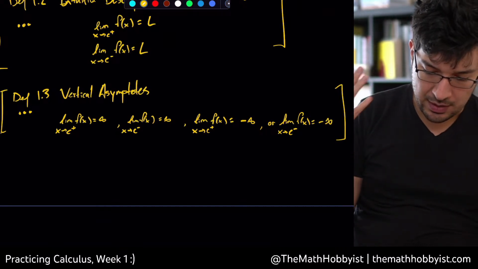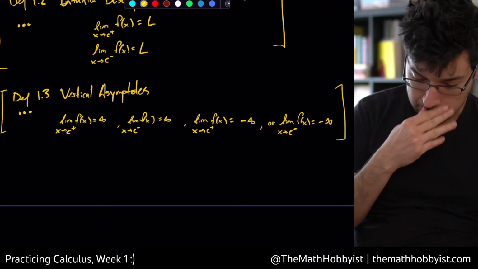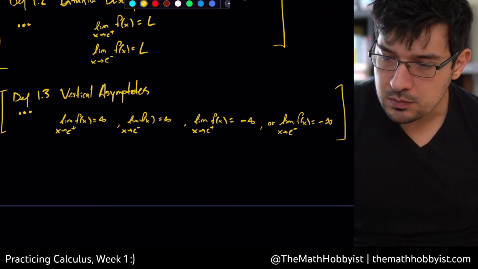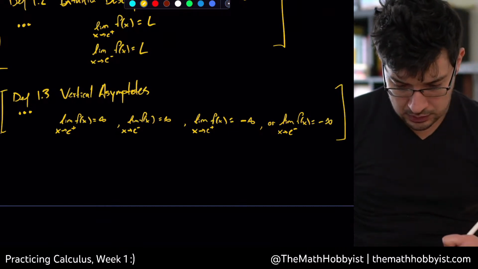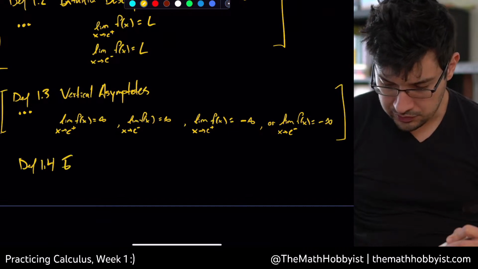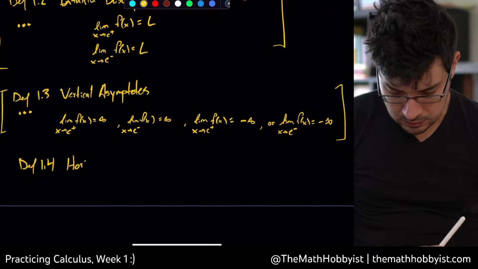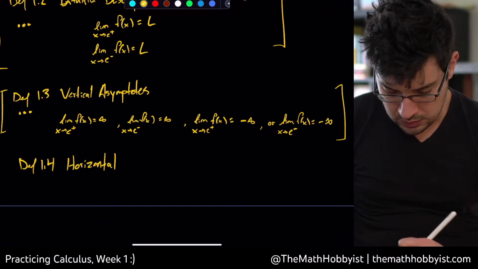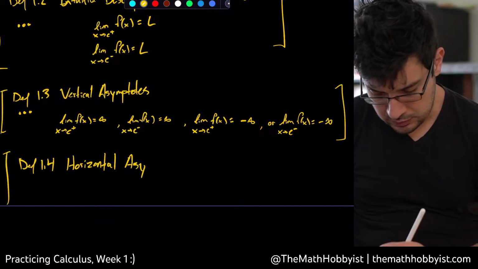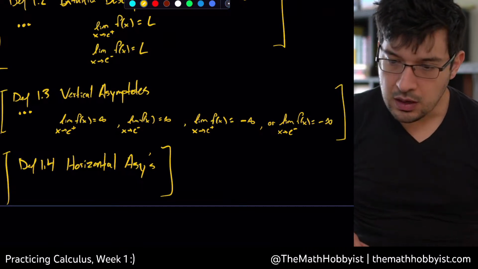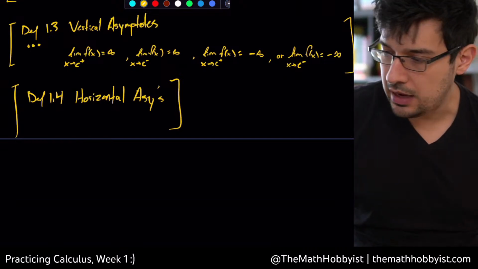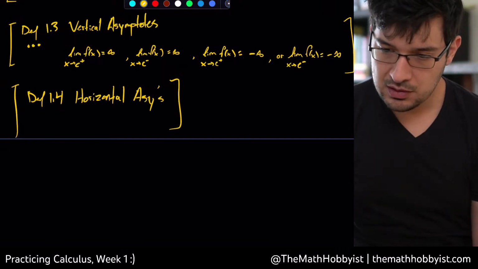And then similarly, in this section, we get horizontal asymptotes. And then no other definitions, right? All right, now we can get into exercise mode.